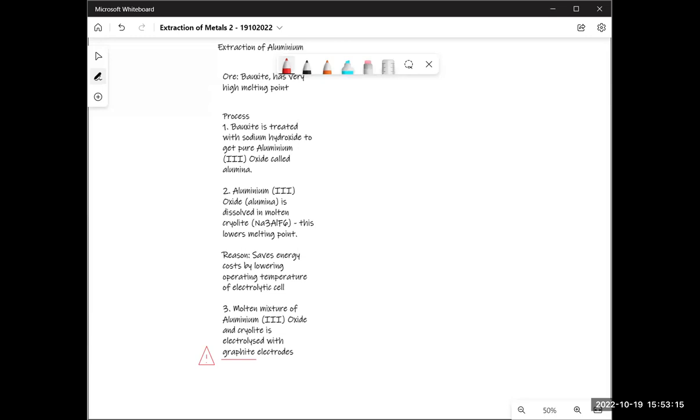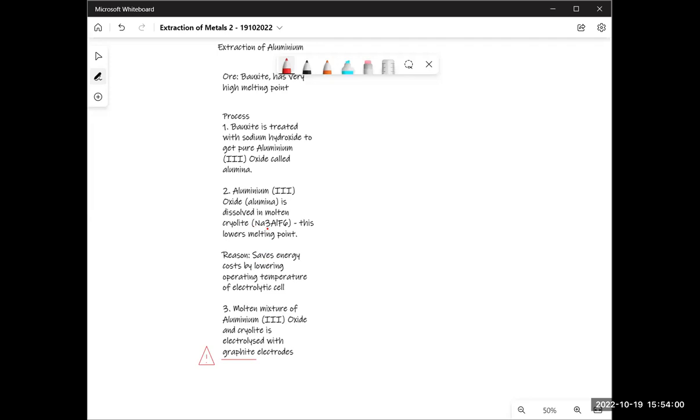Anything else? And what's Na3AlF6? This is called trisodium aluminium hexafluoride.